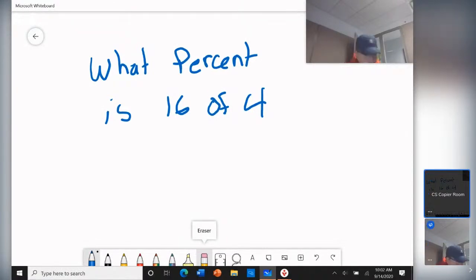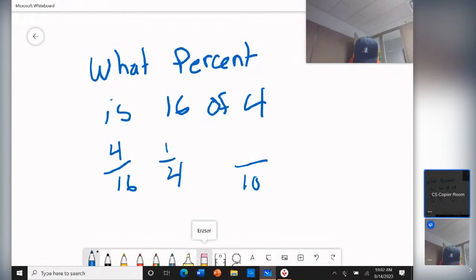Okay, and what you're going to do is put 4 over 16, and then you would reduce that. That would be 1/4. Okay, so what we're trying to find, though, is the percent. And the percent always goes over 100. Okay, so there's a couple ways you guys can do this.